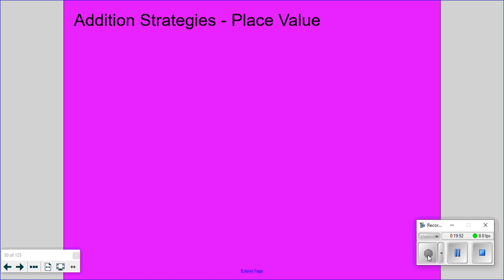When I'm dealing with a 3-digit number, if I put a 2 here, what does that 2 mean? 200. That's different than if I put a 2 here. What does that 2 mean? 20. That's different than if I put a 2 here. 2. That's what place value means. It means wherever I put a digit changes the value. Okay?